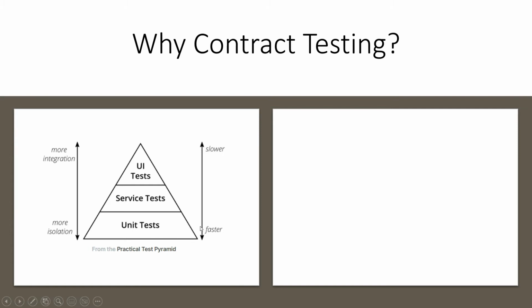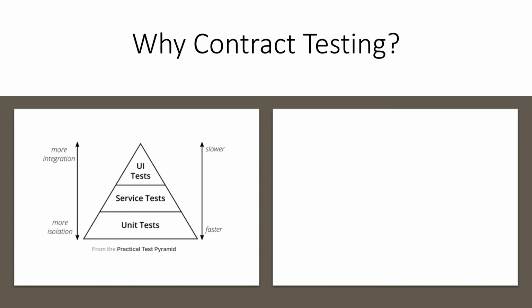We want faster results, and UI tests get us slower results, so companies are moving towards the pyramid model. Integration tests help us validate that the communication of different systems works fine together.